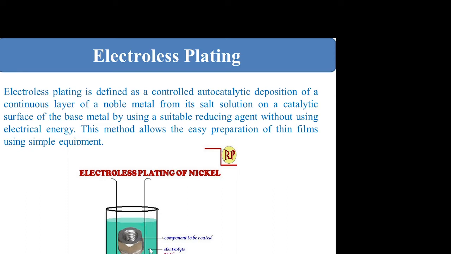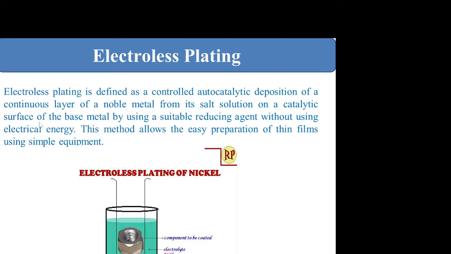For example, if you want to coat nickel over a nut, we have to place it in a solution. No electricity is required, where nickel chloride solution is taken, and we have to take a suitable reducing agent, and the metal ion gets reduced to metal and gets deposited over the substrate.